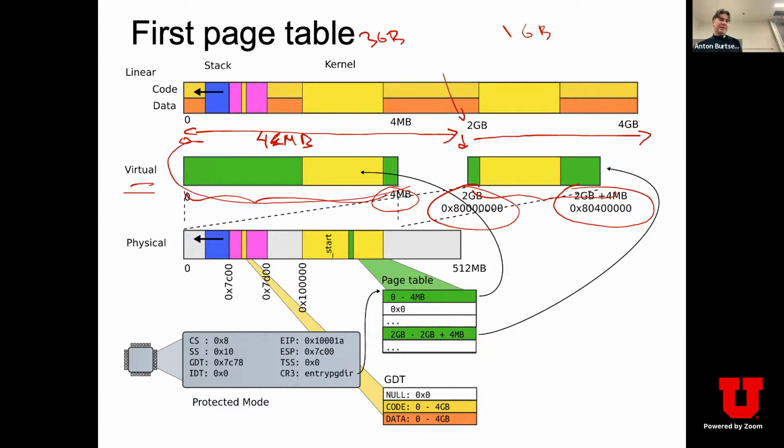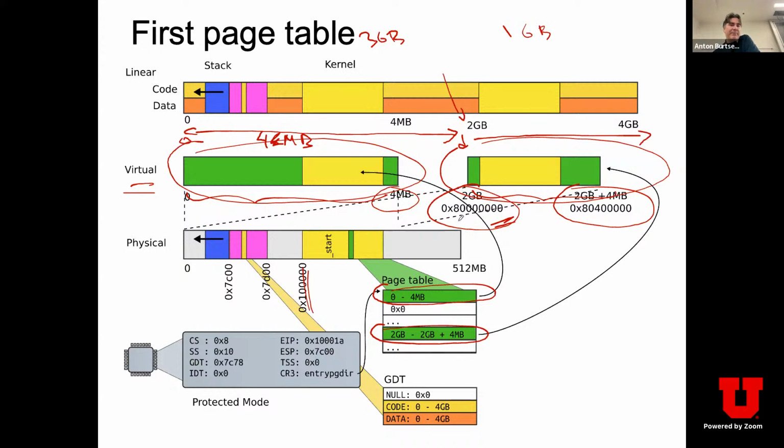The kernel is currently sitting in the lowest memory, where we loaded it, roughly the first megabyte. And we want it remapped to be available at virtual addresses about the second gigabyte. In my page table, I only care about these two entries: the one which maps the first 4 megabytes, and the one which maps the addresses from 2 gigabytes to 2 gigabytes plus 4 megabytes.